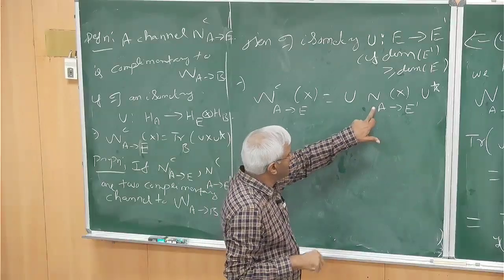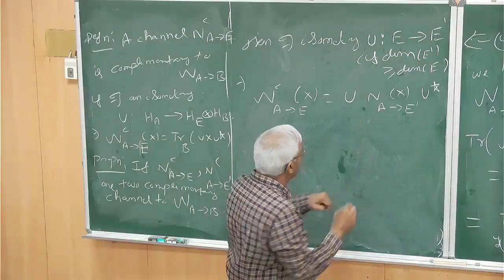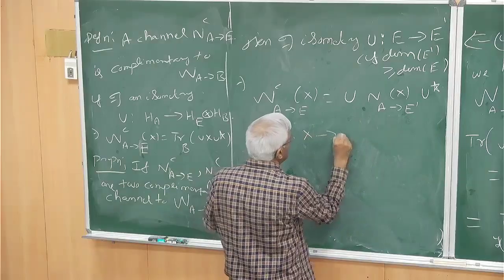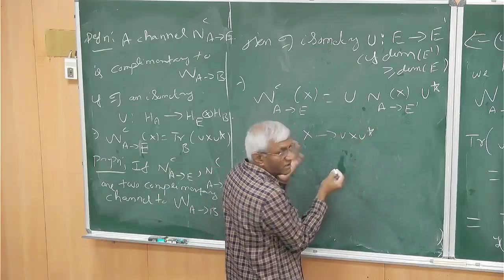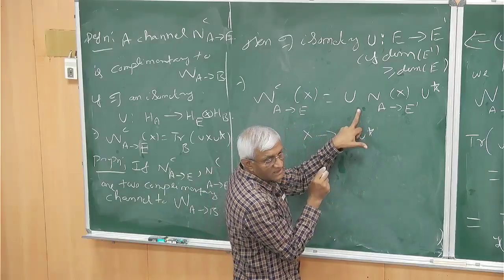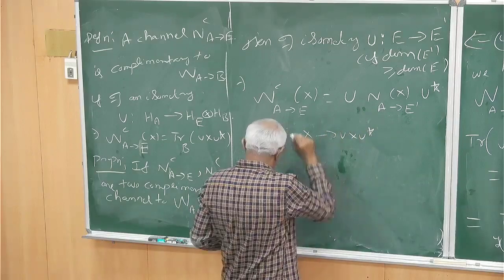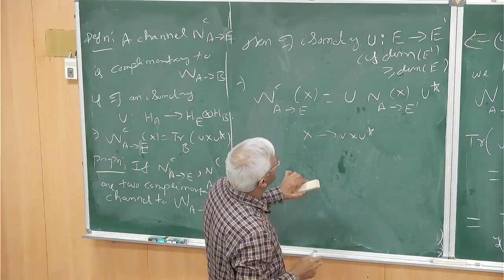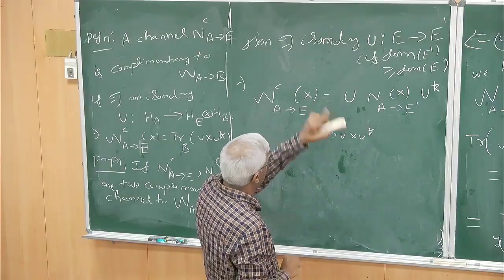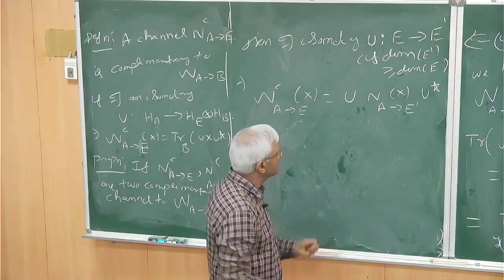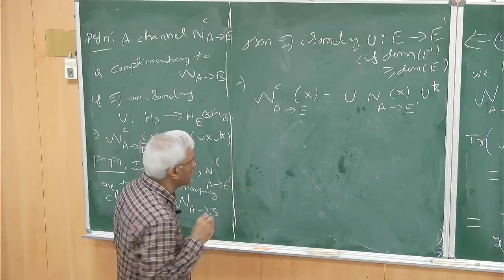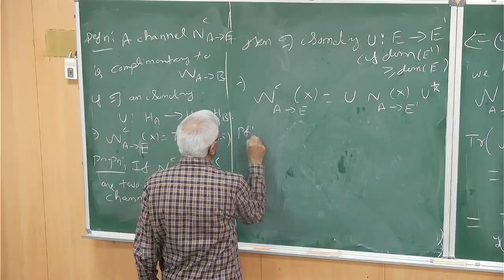This is like applying U to this. If you consider X going to UXU star, an isometric channel, you are just composing with that isometric channel. By composing with an isometric channel, you get this. Yes, it's correct. So we have already proved it.